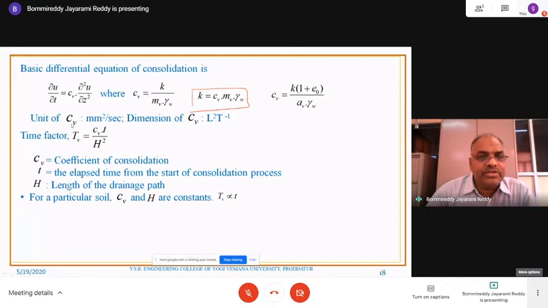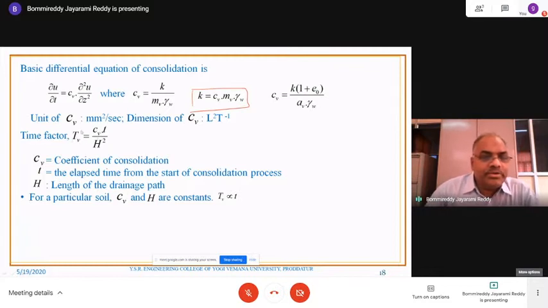The units are m²/s, mm²/s or cm²/s, and the dimension is L²/T, L squared over T. So this is the dimension of the coefficient of consolidation.